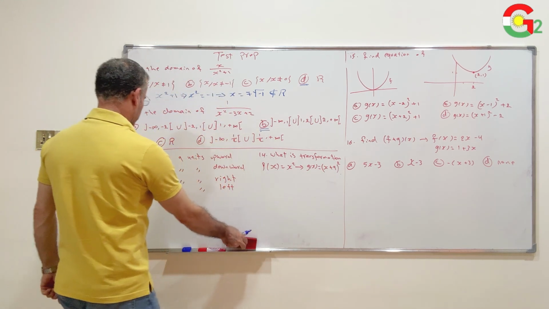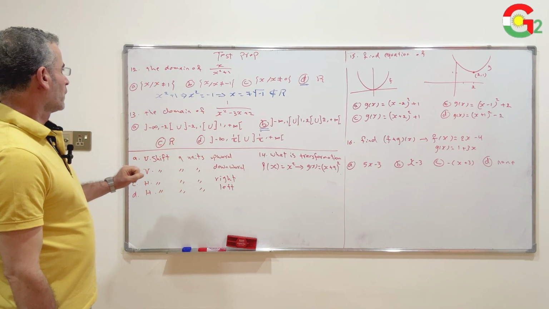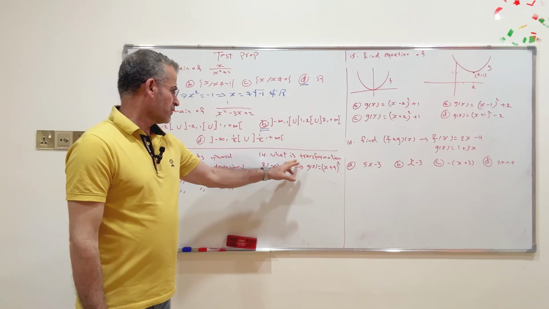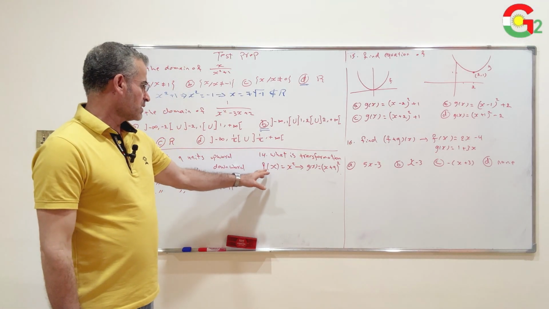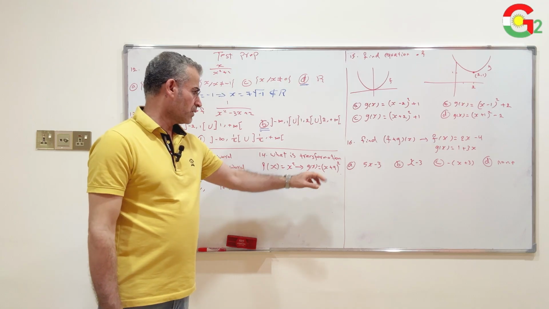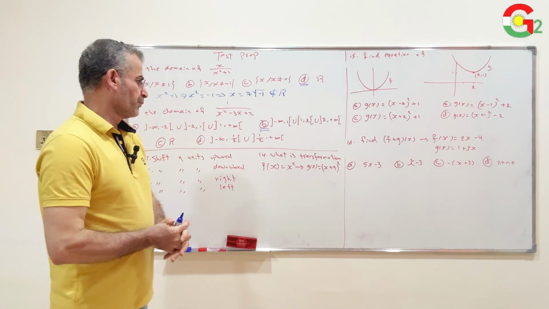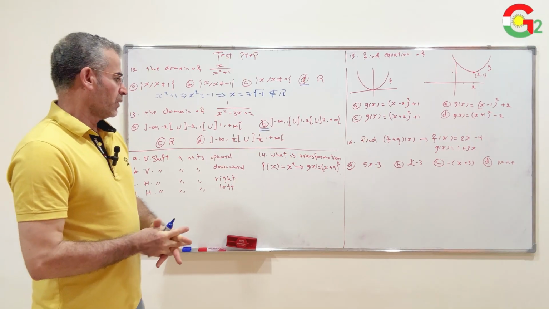Question number 14. What is the transformation that transforms f of x equals x squared to g of x equals x plus 9 power 2?